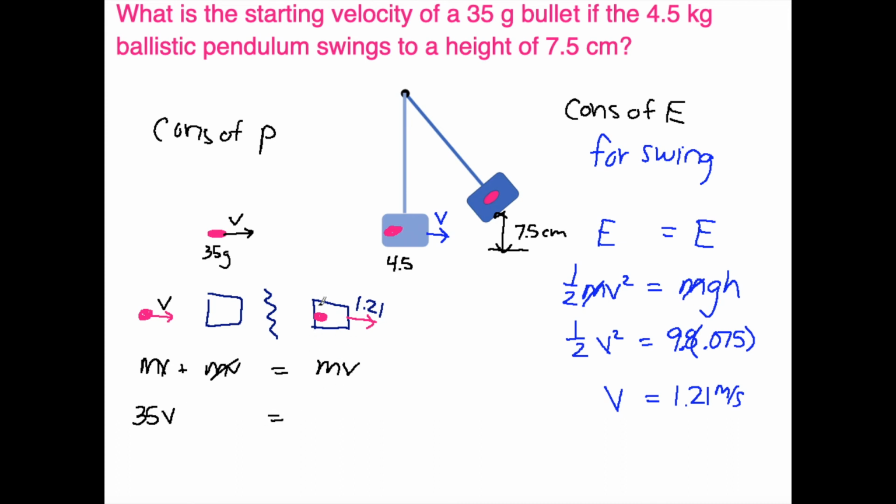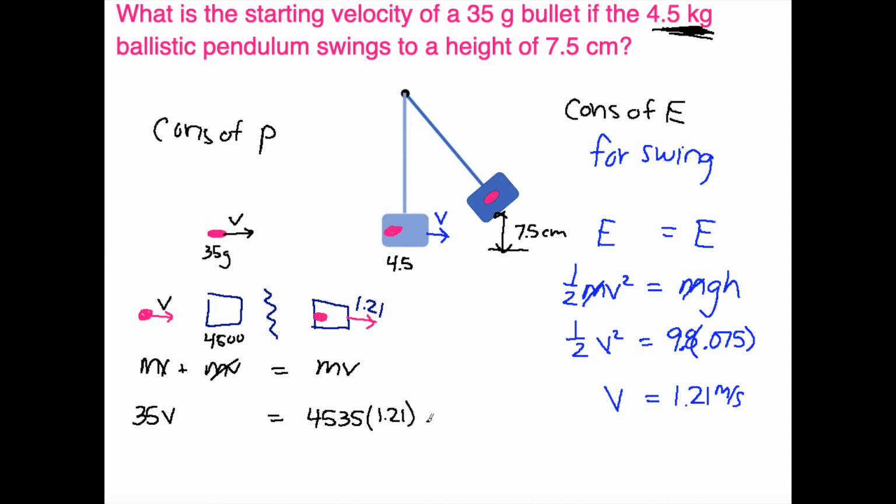And that's going to equal these two stuck together. Remember, this was 4.5 kilograms. So I can think of this block as 4,500 grams. So when they're together, this is going to be 4,535. That's the block plus the bullet here. And I know my velocity is 1.21.